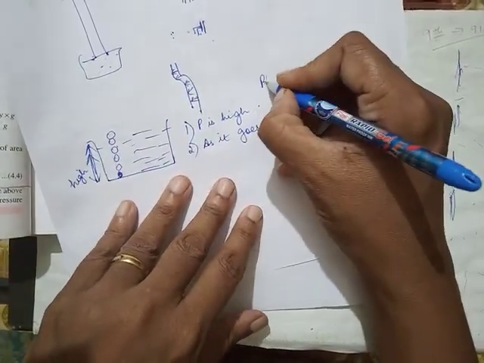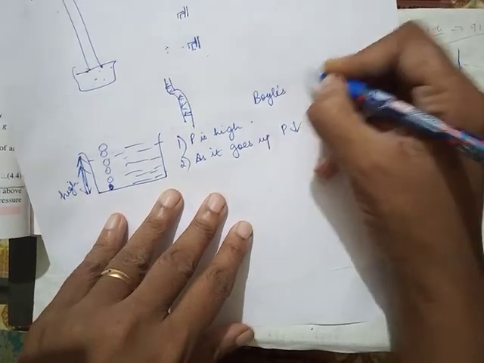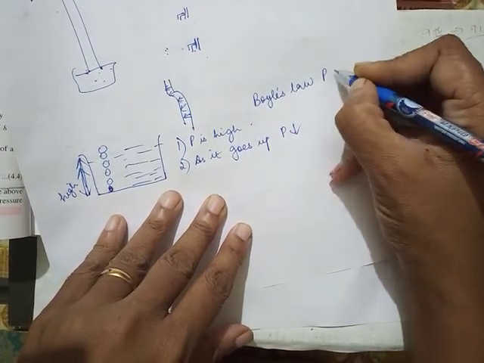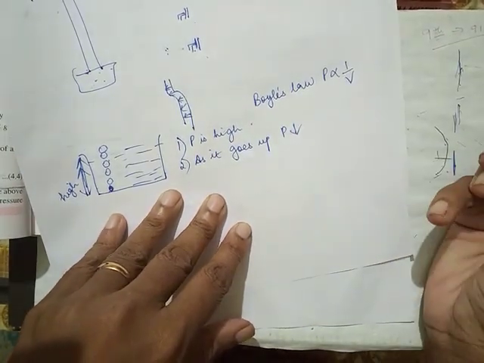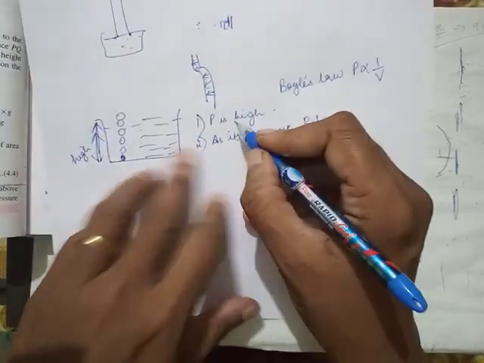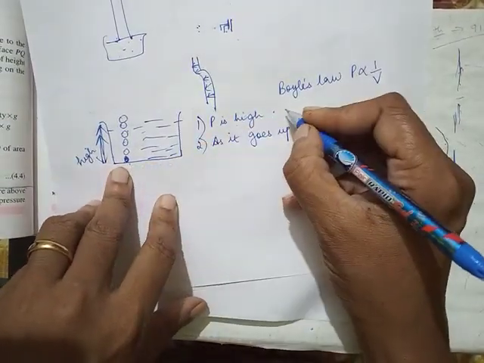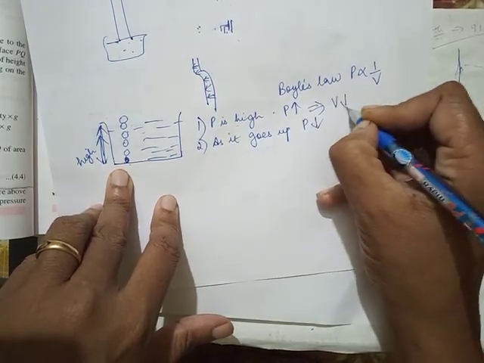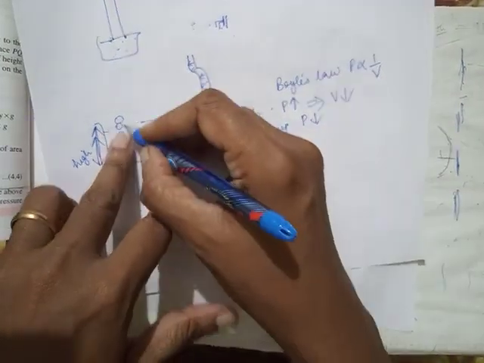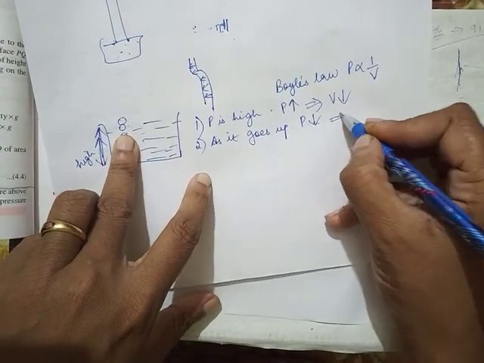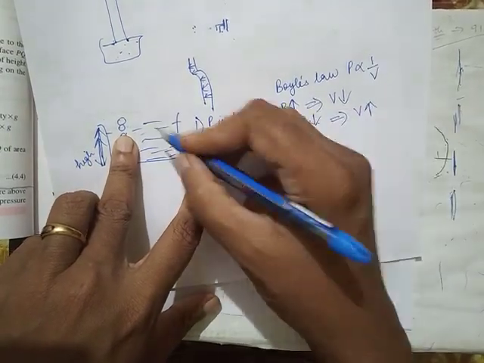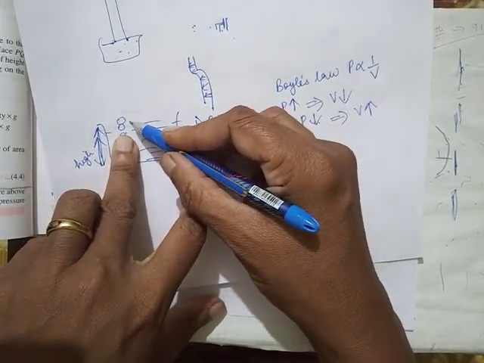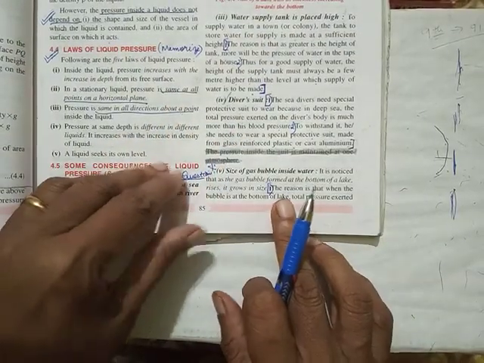Now you know, according to Boyle's law, which you would have studied in chemistry, pressure is inversely proportional to volume. That means at this point, pressure is high, so volume will be low. But as it goes higher, because pressure decreases, the volume of the bubble will increase, or the size will increase. Hope you got it. So 3 points are there.